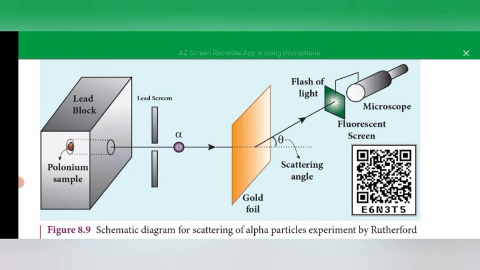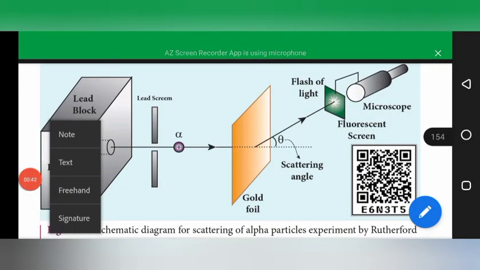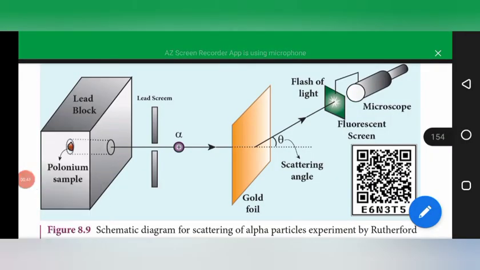Inside the lead box, one radioactive substance, a polonium sample, is present. From this polonium sample, the radioactive rays pass through a fine hole in the lead screen. The alpha rays pass in a straight line and fall on the gold foil.